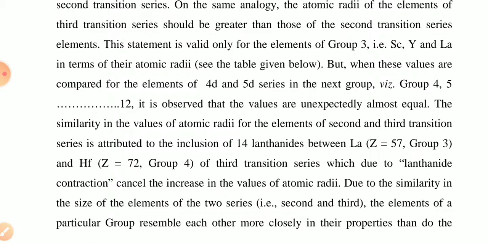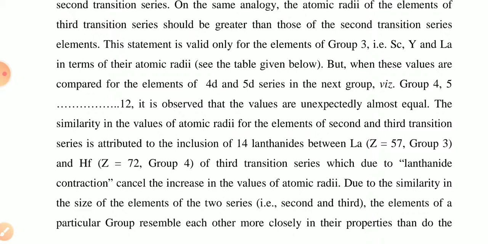The similarity in the values of the ionic radii of the elements of the second and third transition series is attributed to the inclusion of 14 lanthanides between lanthanum 57 and hafnium 72 of the third transition series, which is due to lanthanide contraction.